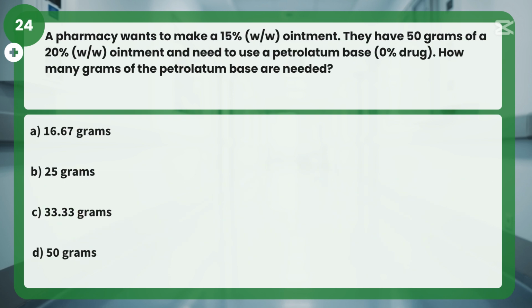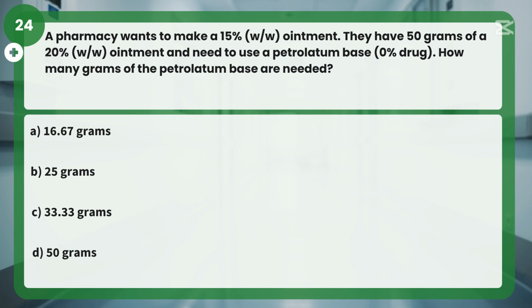Question 24. A pharmacy wants to make a 15% w/w ointment. They have 50 grams of a 20% w/w ointment and need to use a petrolatum base, 0% drug. How many grams of the petrolatum base are needed? A. 16.67 grams.